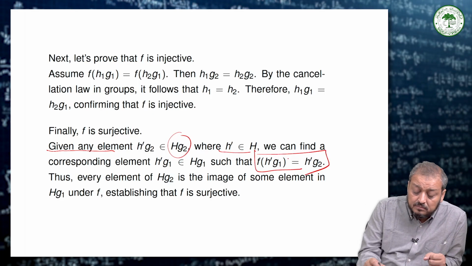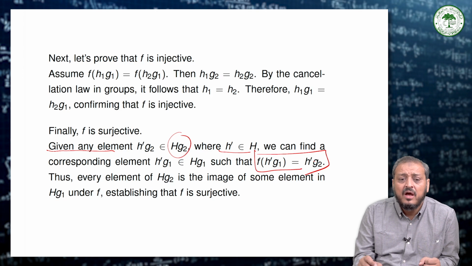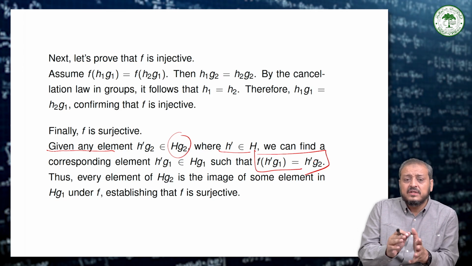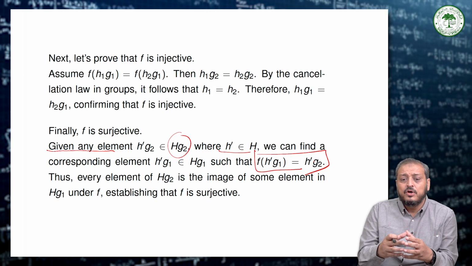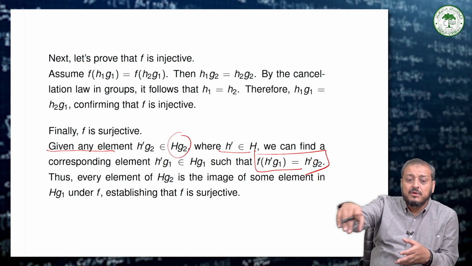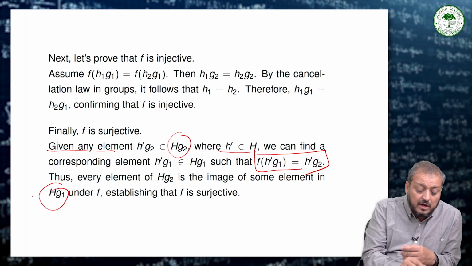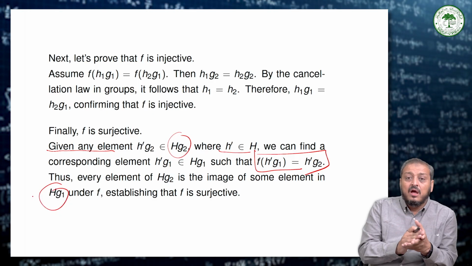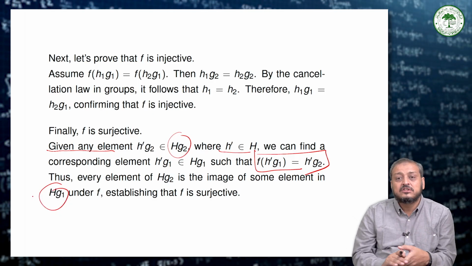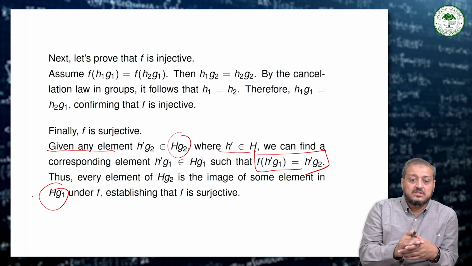If we find such an element, we can say that every element of H g2 is the image of some element in H g1 under f, and that establishes that f is surjective.